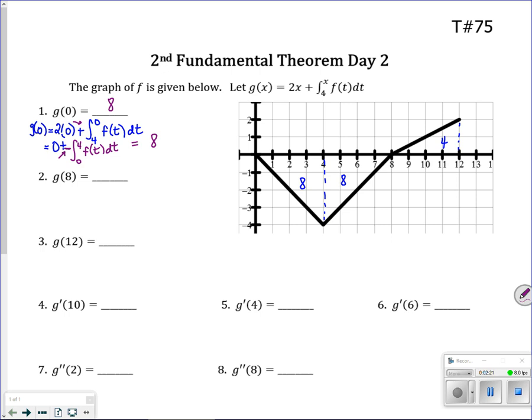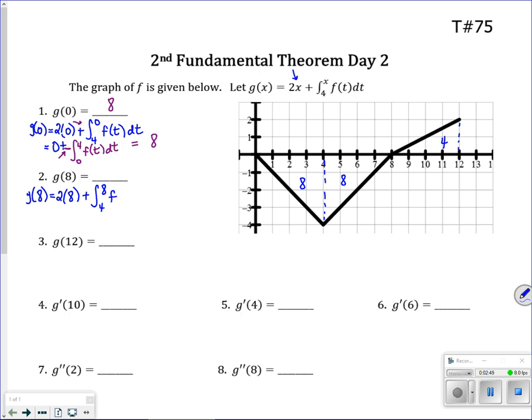All right, so let's try to do a couple more of those. Let's look at that again. So g of 8 would be, looking at this function right here and literally putting in 8 for all the x's, 2 times 8 plus the integral from 4 to 8 of f.